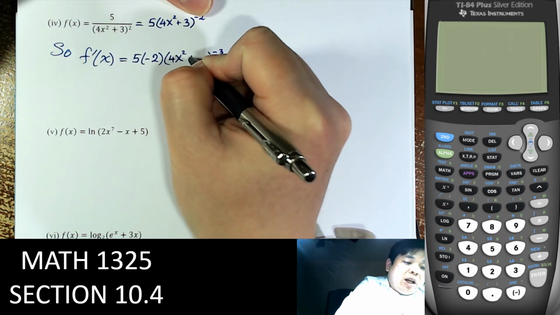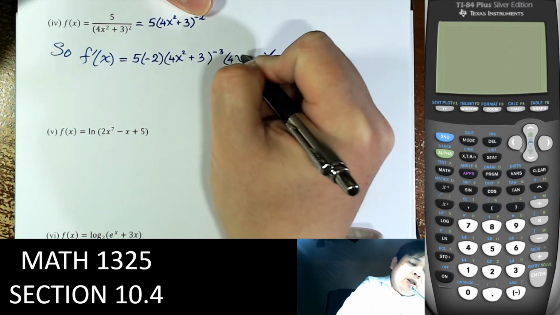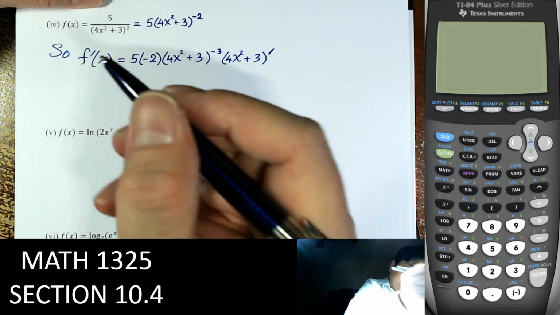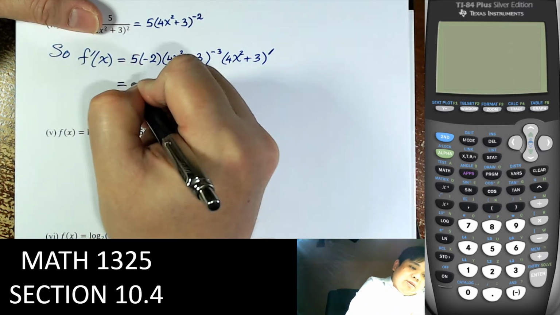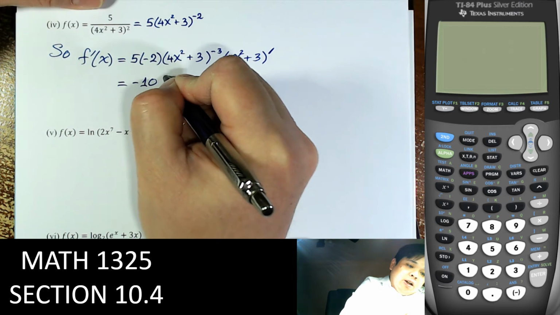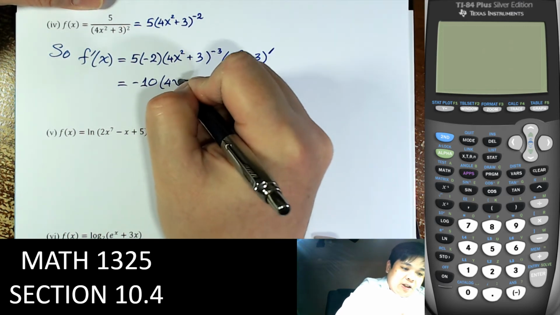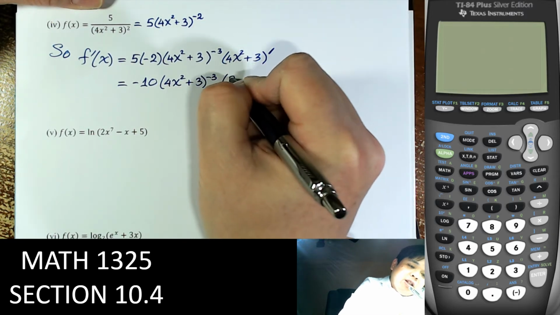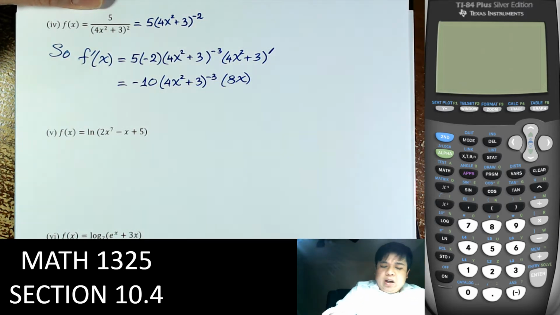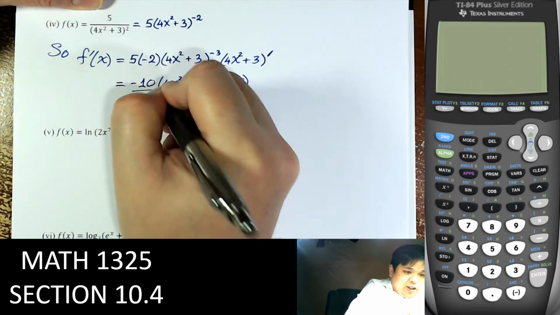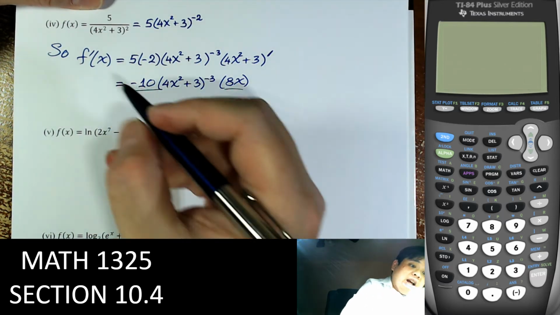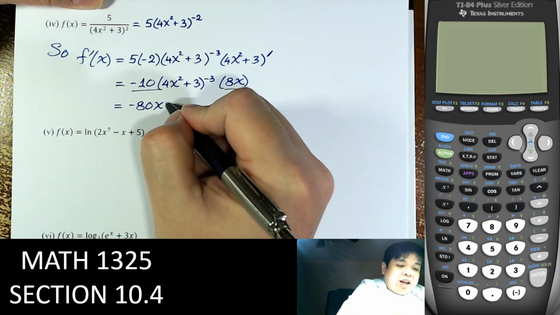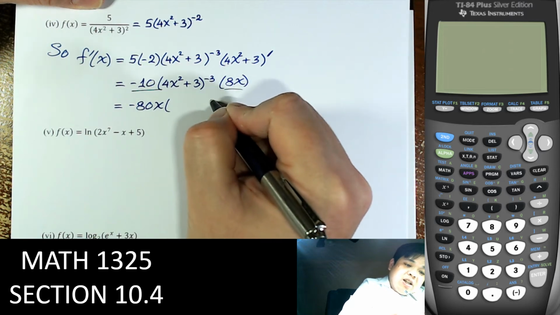Inside the parentheses is 4x squared plus 3. So that gives us negative 10 times (4x squared plus 3) to negative 3, and the derivative of this is 8x. Now, if we have just one term, we can just multiply them together, and that gives us negative 80x. We write it like that, we don't have to add extra parentheses here.